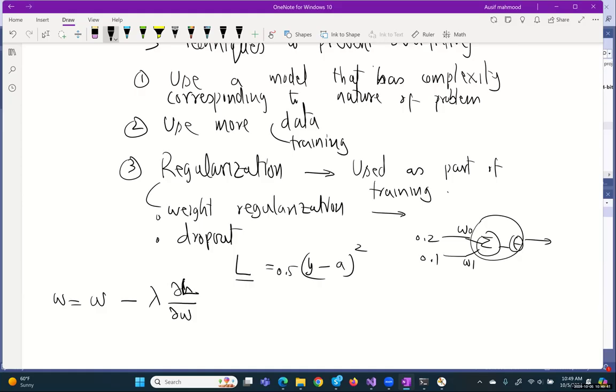The training algorithm, as we apply W equal to W minus lambda partial L over partial W, let's pretend it gives us weights like 57.2. This comes out to be, let's say, 92.7, right? So when these are large, what if somebody gave an input of 1.2 instead of 0.2? Now it will produce huge numbers.